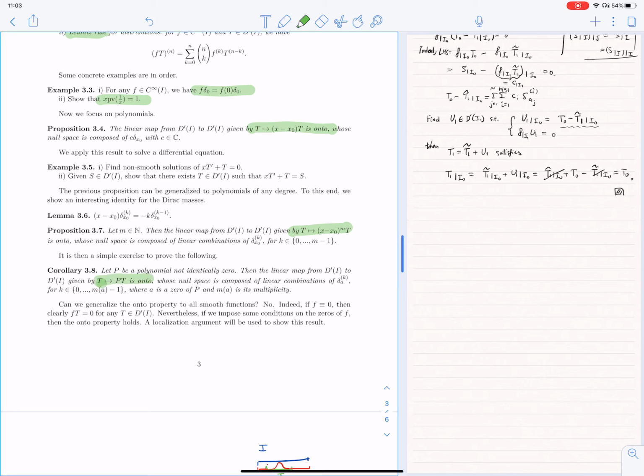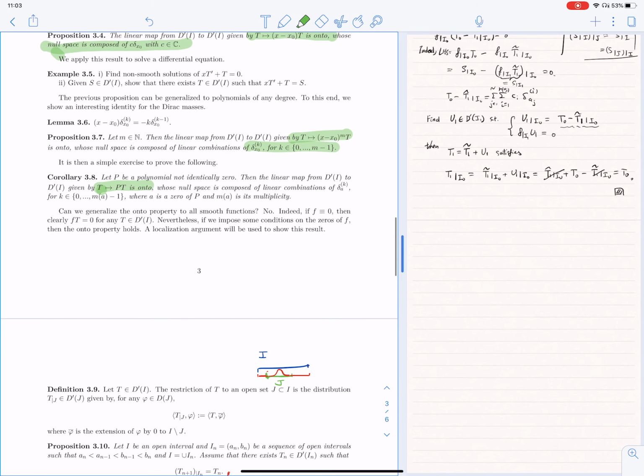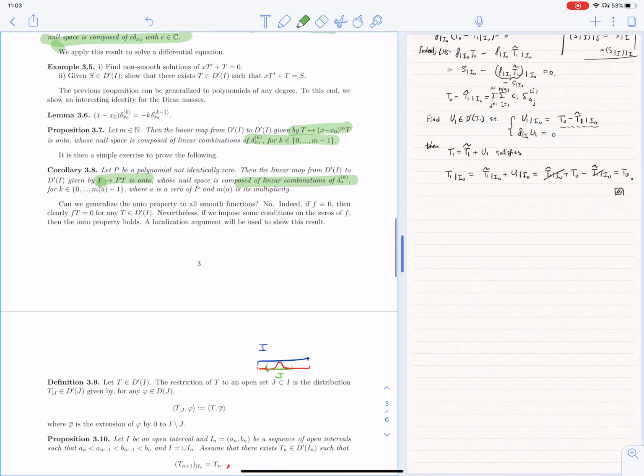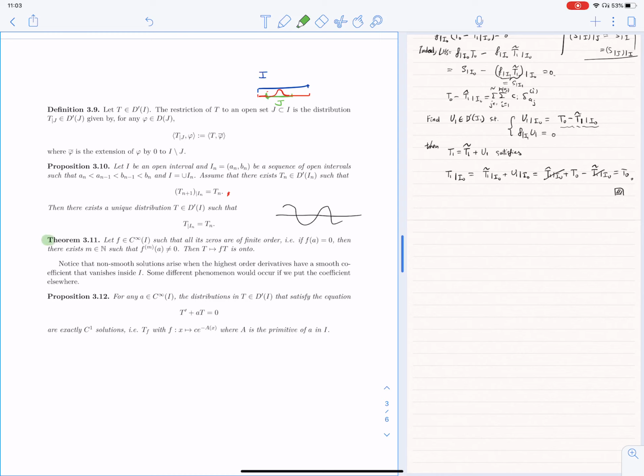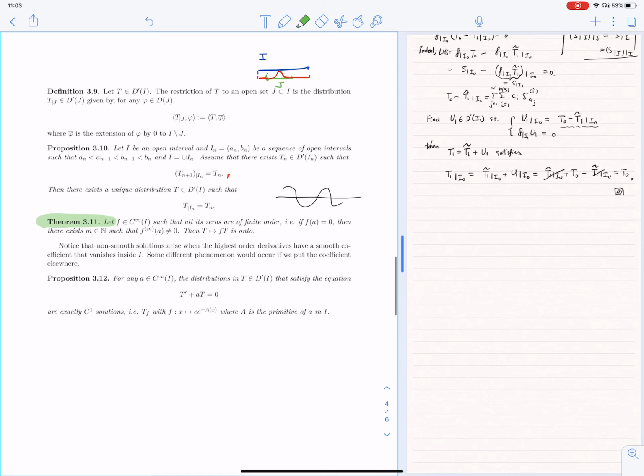It's important to know that the null space is composed of Dirac masses, basically. For higher order polynomials, we have a linear combination of Dirac masses and their derivatives. Same thing here, and all these are special cases of the theorem. And we also have this new localization argument, which can be used elsewhere to prove interesting results.